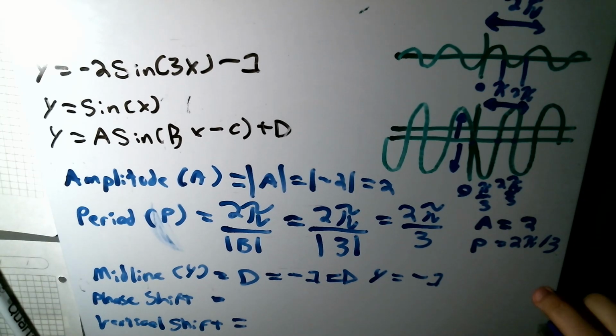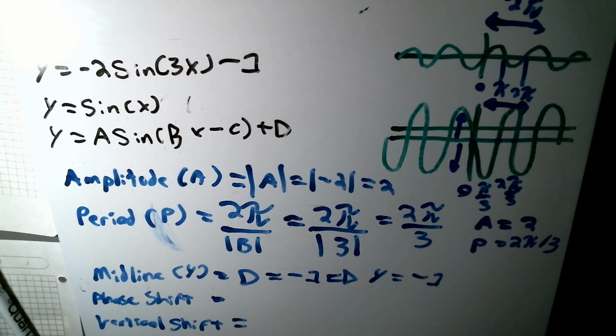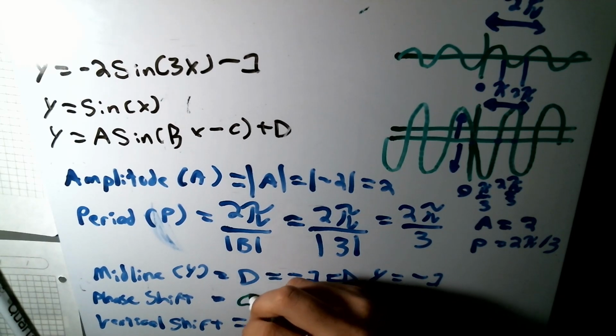The vertical shift is if it moves up or down or does not move at all, and it has the same value as the midline. So from this, the phase shift equals C.